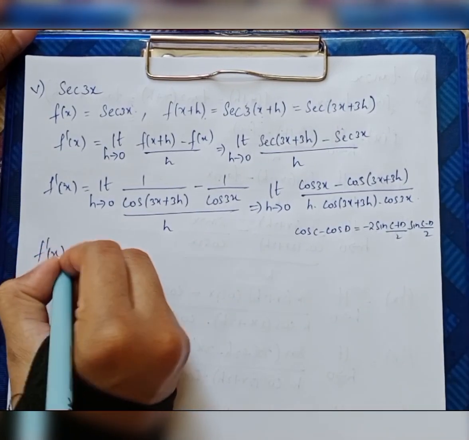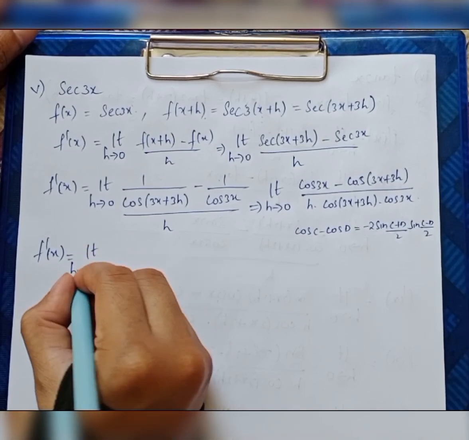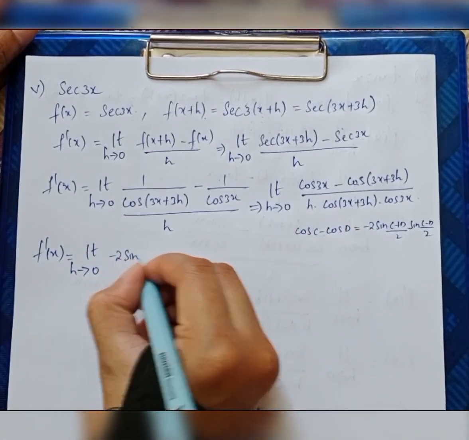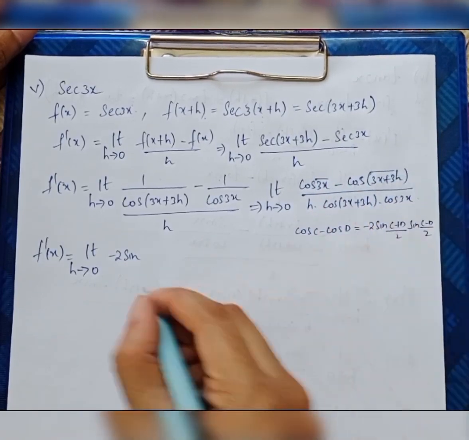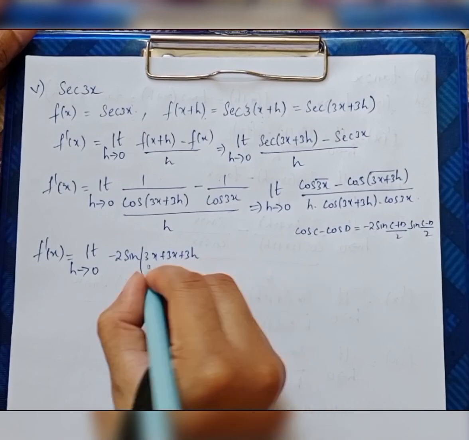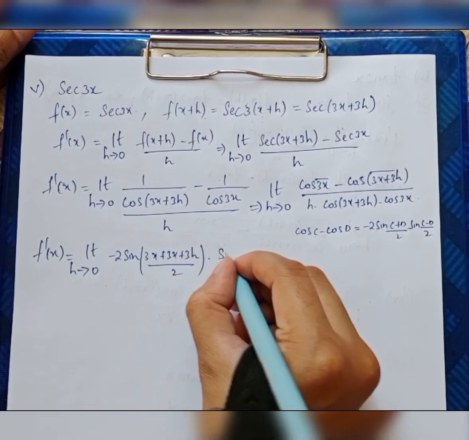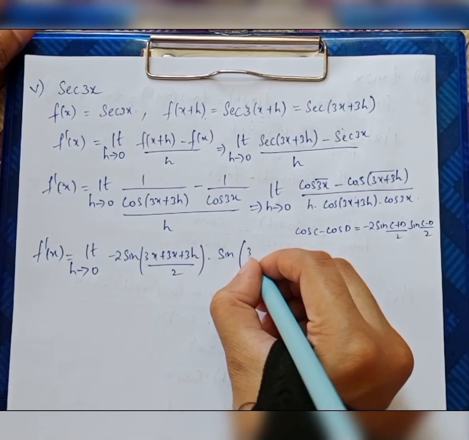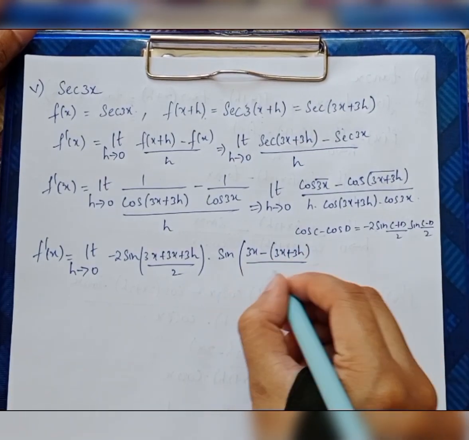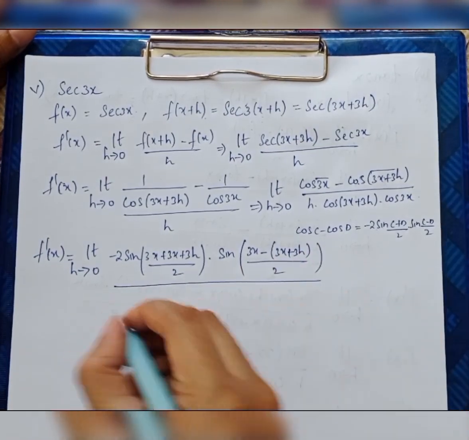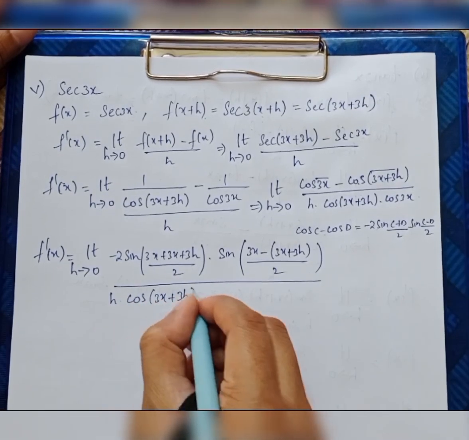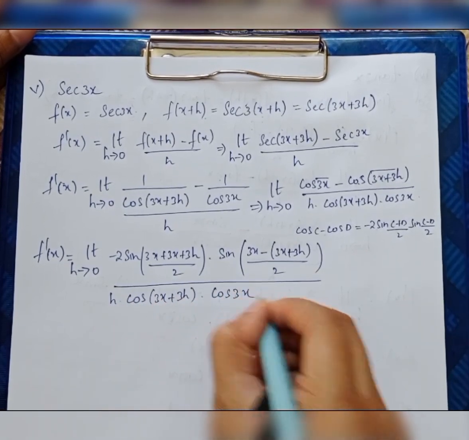Substituting in the formula, it is limit h tends to 0, minus 2 sin, this term is C and this term is D, so it is [3x + 3x + 3h] by 2 into sin [3x minus (3x + 3h)] by 2, whole by h into cos(3x + 3h) into cos 3x.